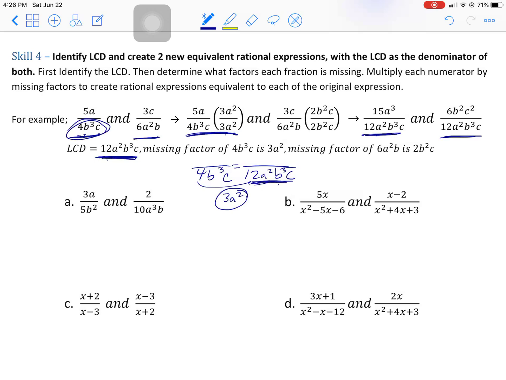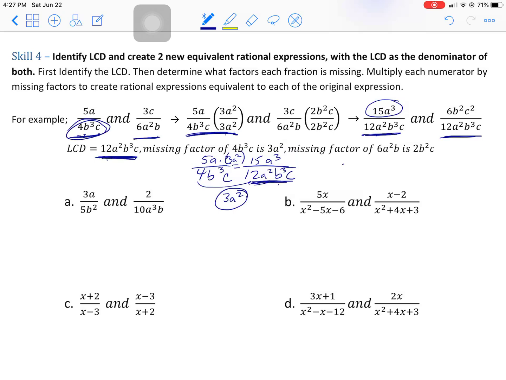All right? And then if you do it to the top also, if you have 5a here and you multiply that by the 3a^2, you're going to get the 15a^3. Okay? And then you've got to do it all again for this one.